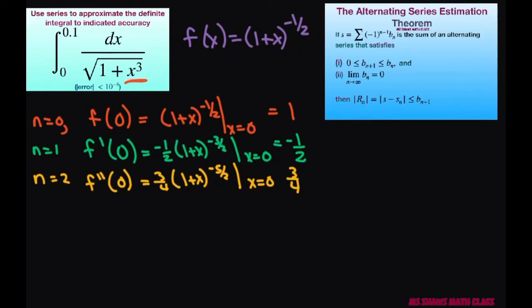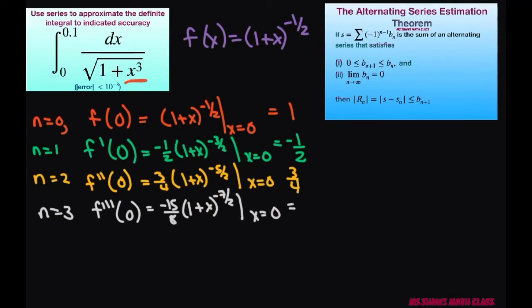Let's do n equals 3. So the third derivative at 0 is going to be negative 15/8 times (1 plus x) to the power of negative 7/2. And at x equals 0, this is going to be negative 15/8.